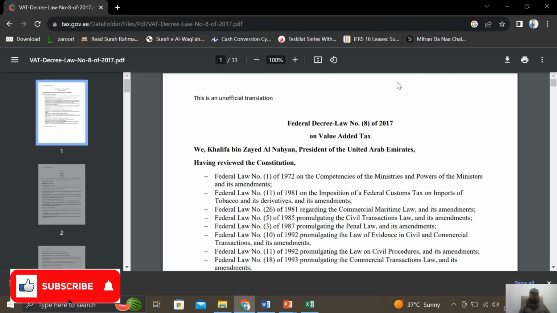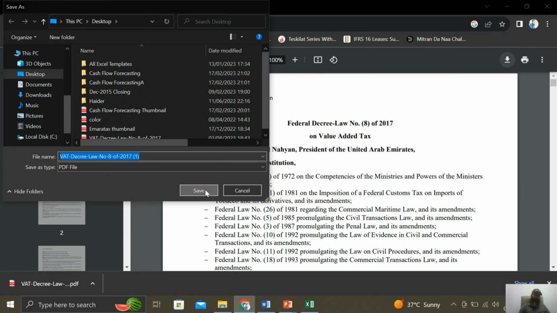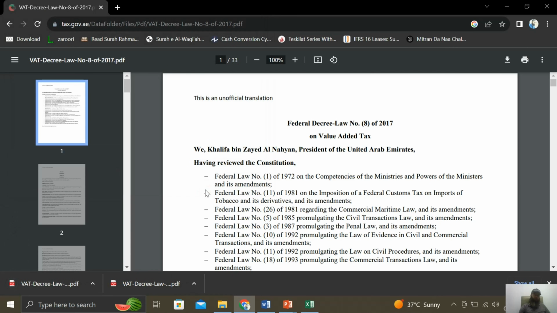When I click here, it will give me the PDF of the law. If you download it and open it in PDF format, it is a searchable version. You can write any word, like VAT rate or VAT return, and it will search for that word in the law.